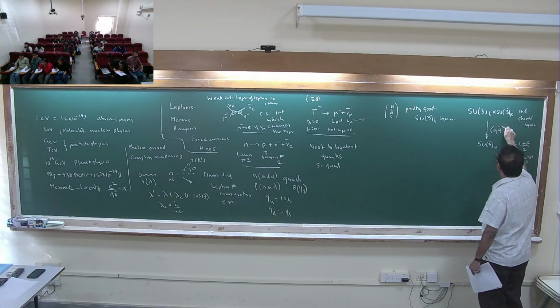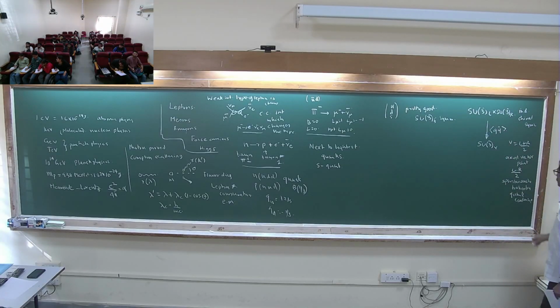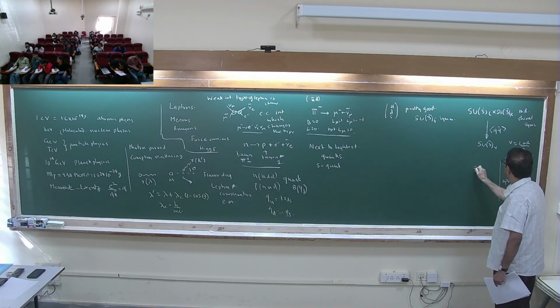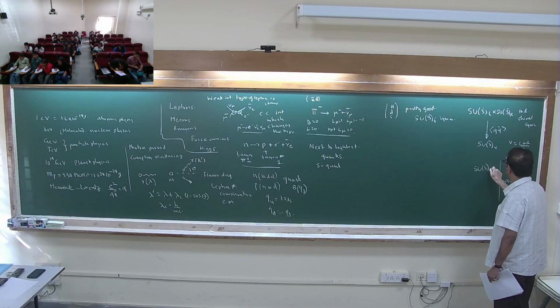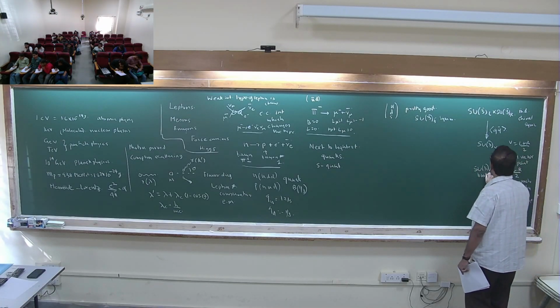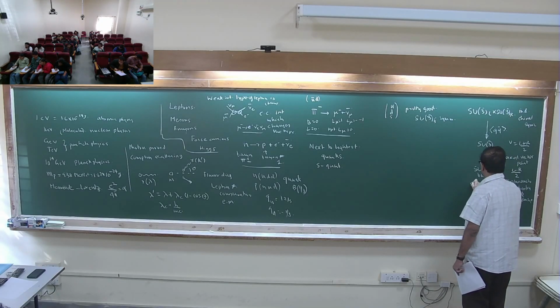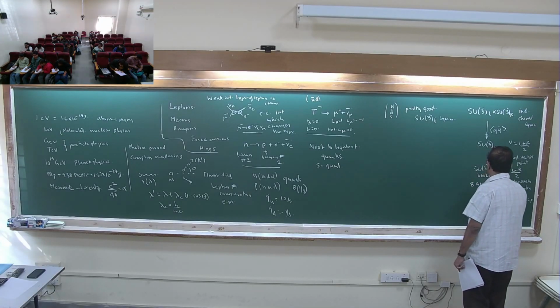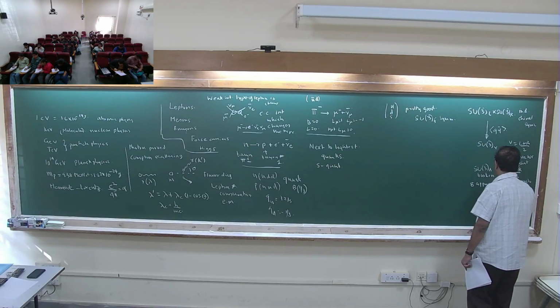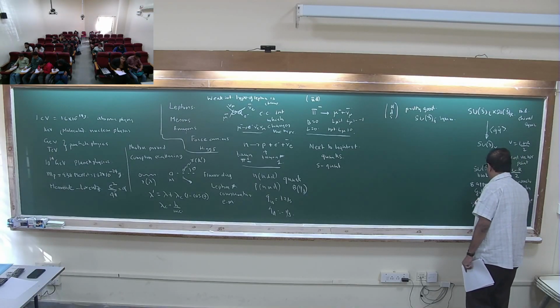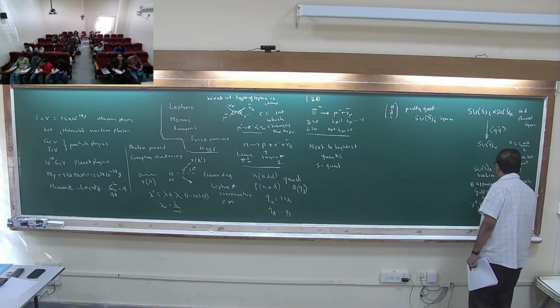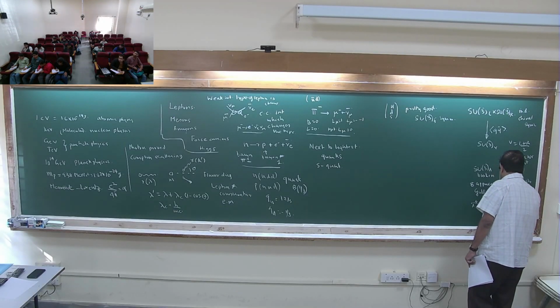The quark bar condensate breaks this down. So what happens is that the SU3A is broken and gives rise to 8 approximate Goldstone bosons, which are the pi minus, pi naught, pi plus, K plus minus, K naught, and eta.